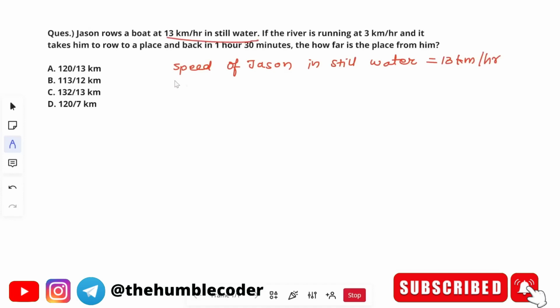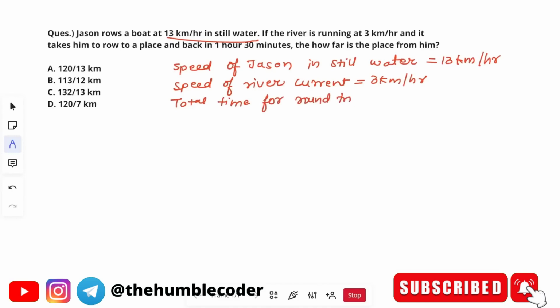Next, the speed of the river current is 3 km/h. The total time for the round trip is given in the third sentence: 1 hour and 30 minutes. These are the three data given to us.